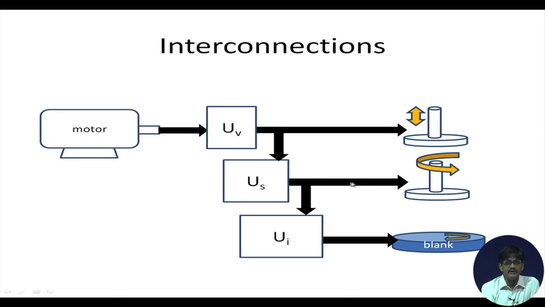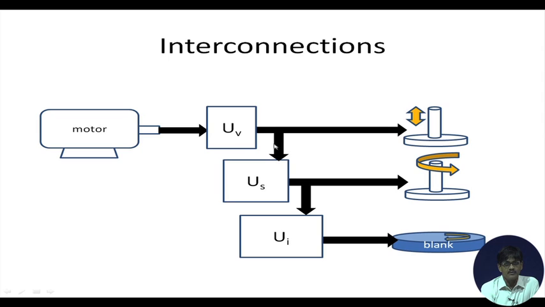will equally affect the rotation of the cutter as well as rotation of the workpiece, because it is outside the loop. What does this mean? This means that suppose UV is doubled, so that its output RPM gets doubled.